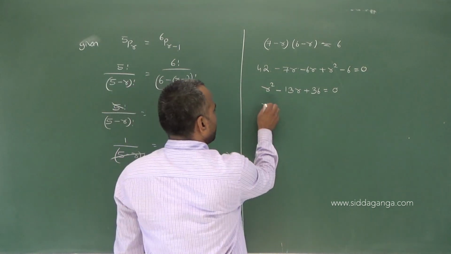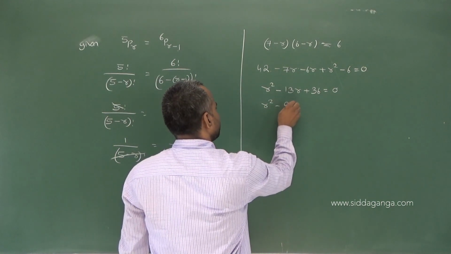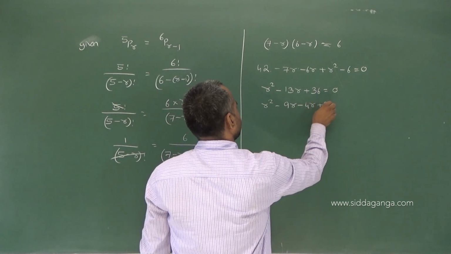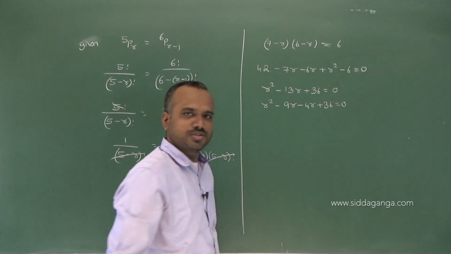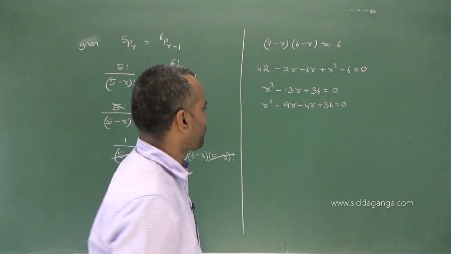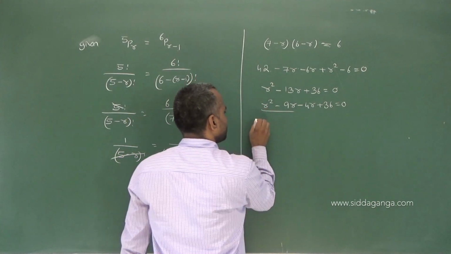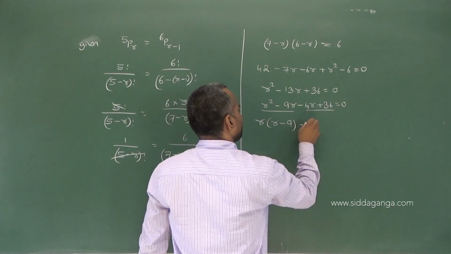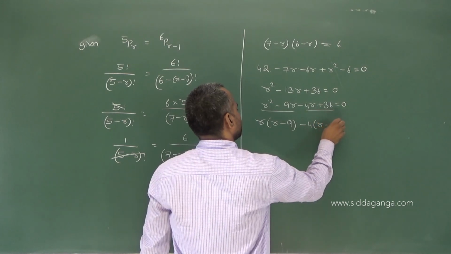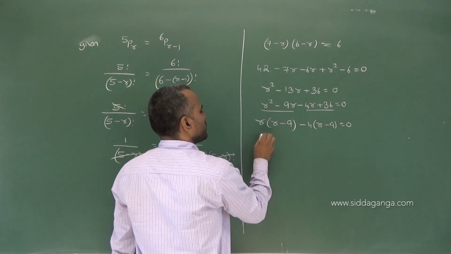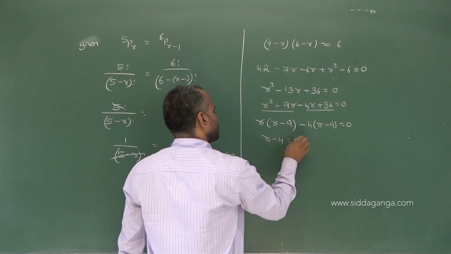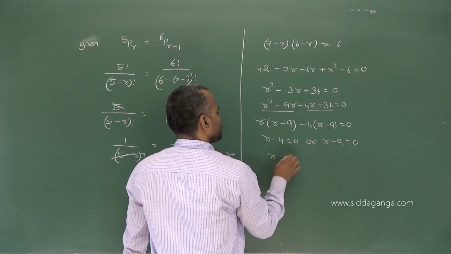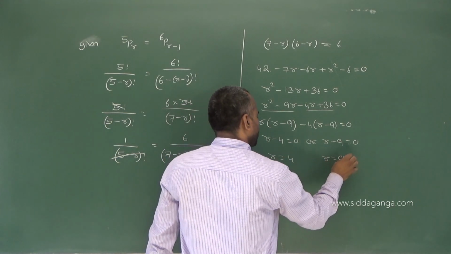So r square minus 9r minus 4r plus 36 is equal to 0, for factorization. In these two terms, r take common, r(r-9). In these two terms, minus 4 take common, (r-9). r minus 4 is equal to 0 or r minus 9 is equal to 0. r is equal to 4, r is equal to 9.